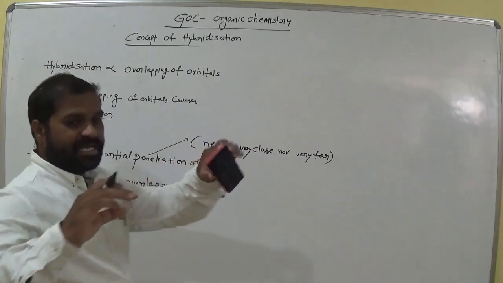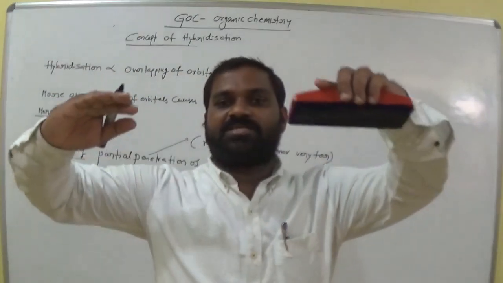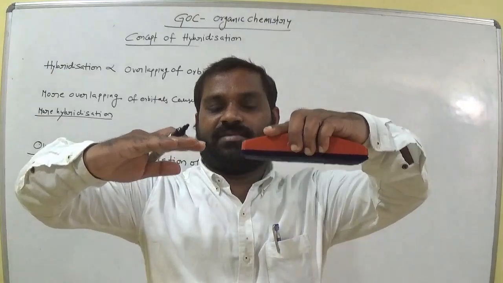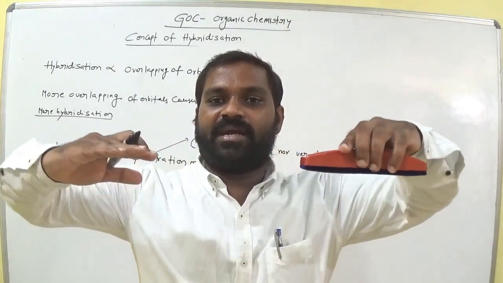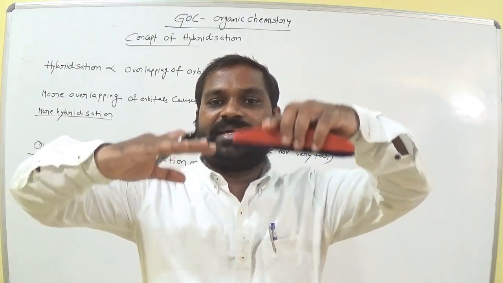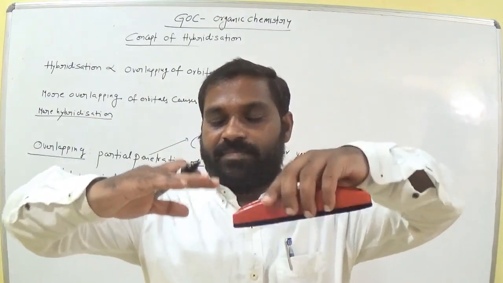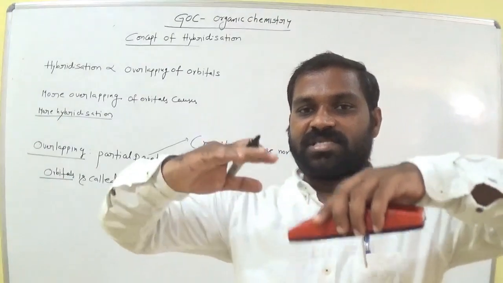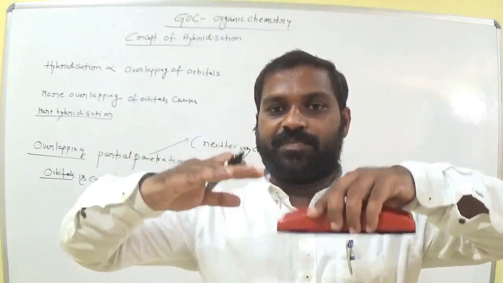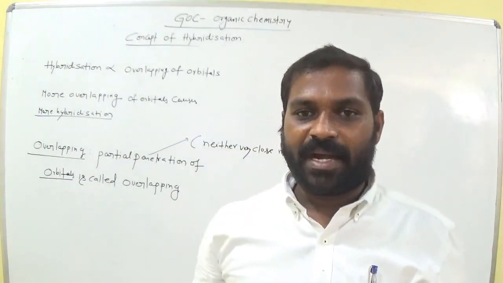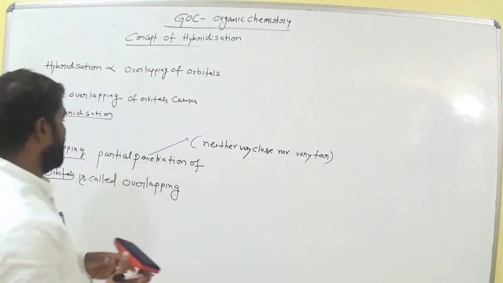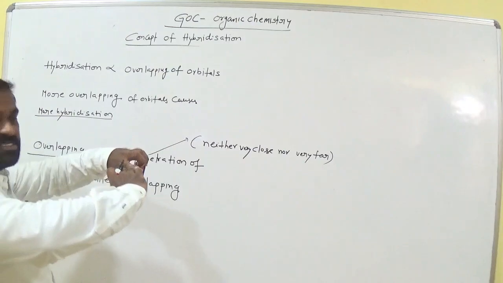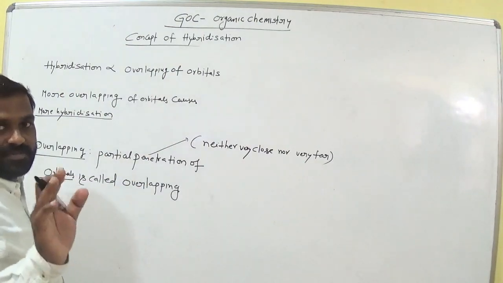If this is an s orbital and this is a p orbital, they maintain a moderate distance and are partially penetrating. Penetrating means close together, not very much close, not very far. That is called penetrating. Is it clear, all of you? So, orbital overlapping. If more penetration is possible, then hybridization also becomes very strong.